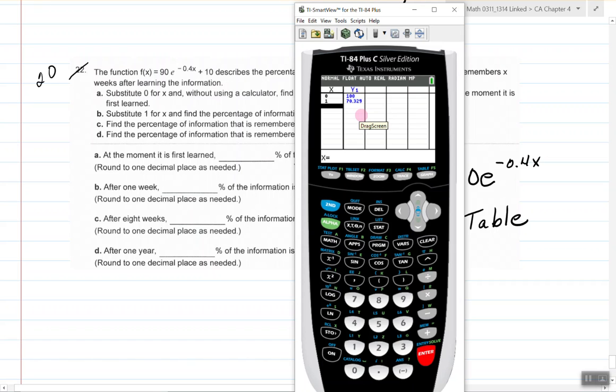Then, I want to look at 8 weeks. I only remember 13.7%. And then a year, 52, I only remember about 10%. My memory of this information is declining.